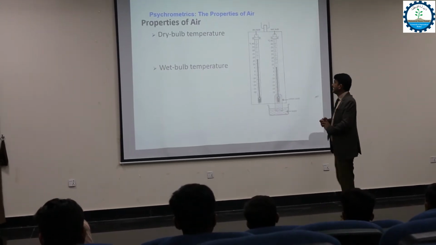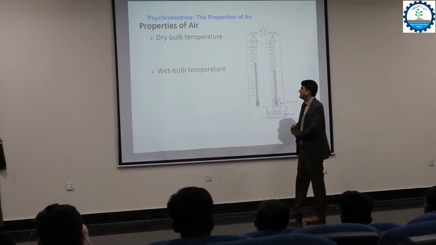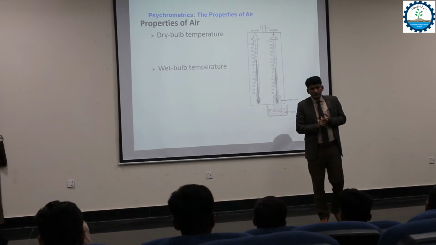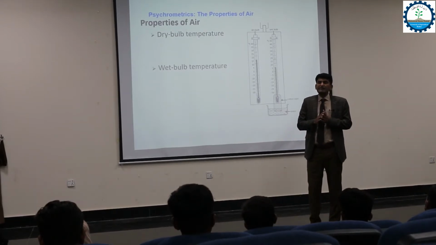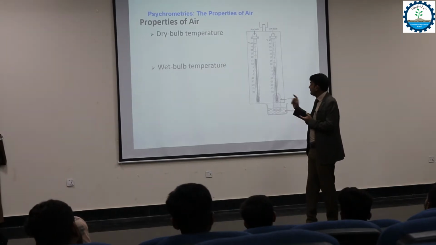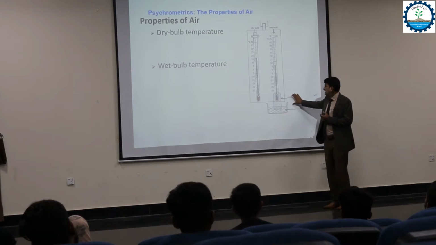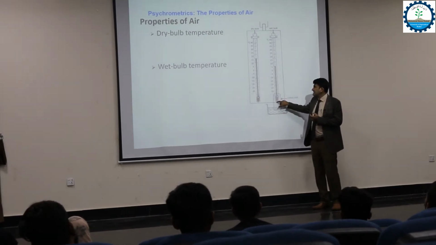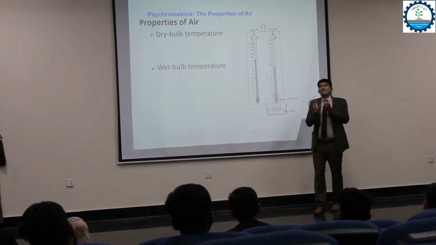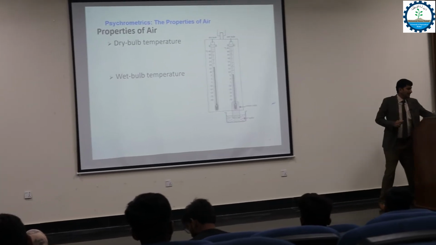So firstly, the two parameters labeled here, the first is the dry bulb temperature. Normally, what you measure with your thermometer is actually the dry bulb temperature. The wet bulb temperature is a little different, as you see in the picture as well. The bulb, the sensor part of the thermometer, is covered with a wet wick, just like I can show you here in our lab.